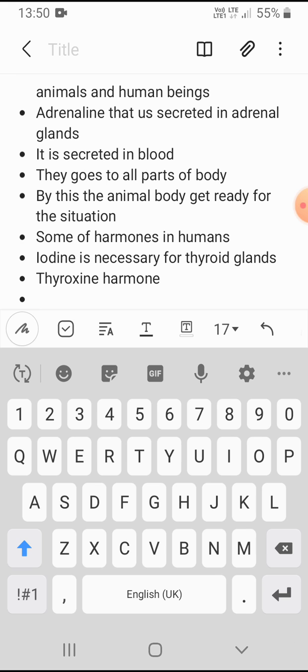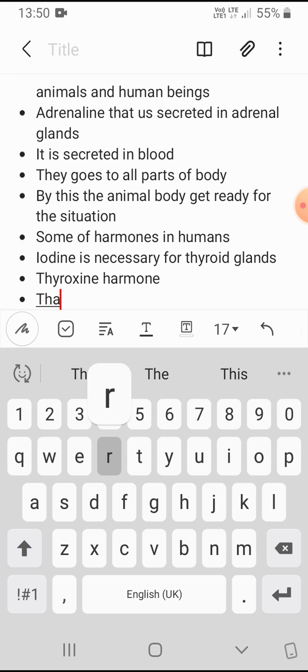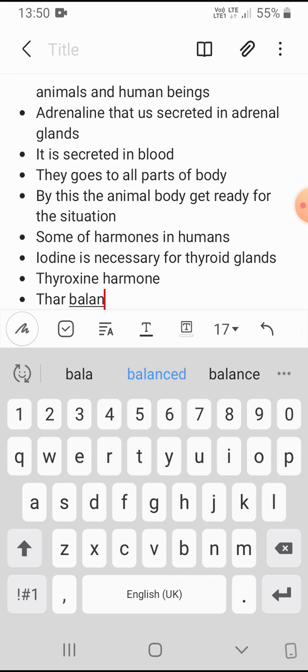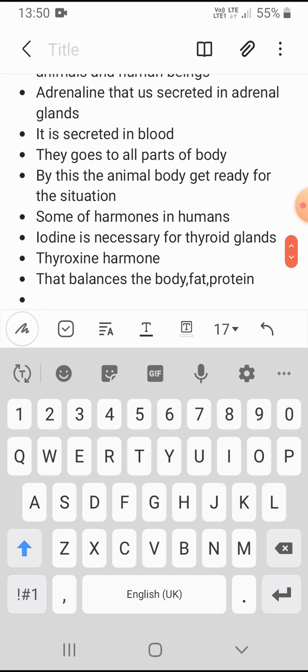That thyroxine hormone balances the body. It helps with fat, protein, and so on. It helps, so it is important.